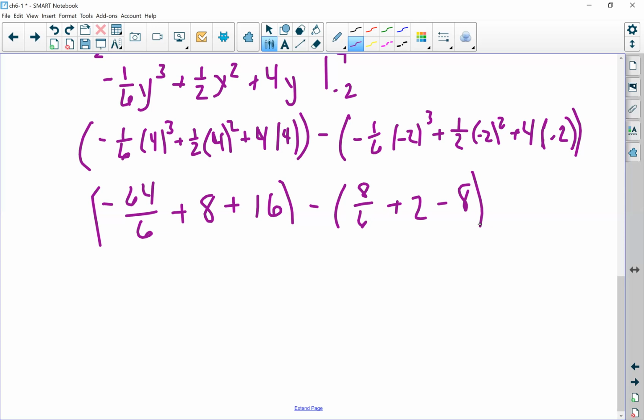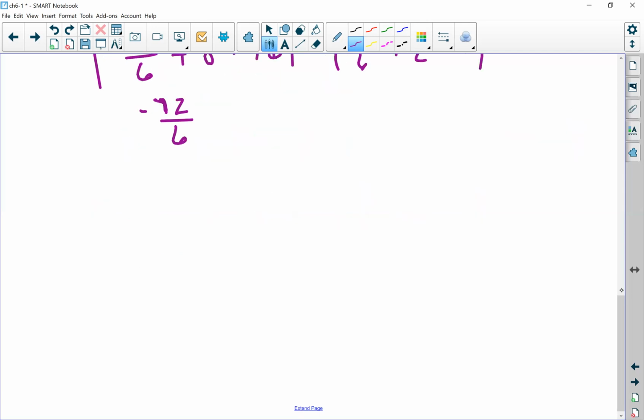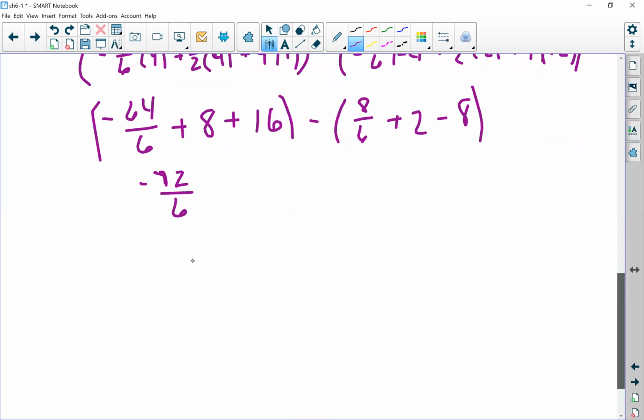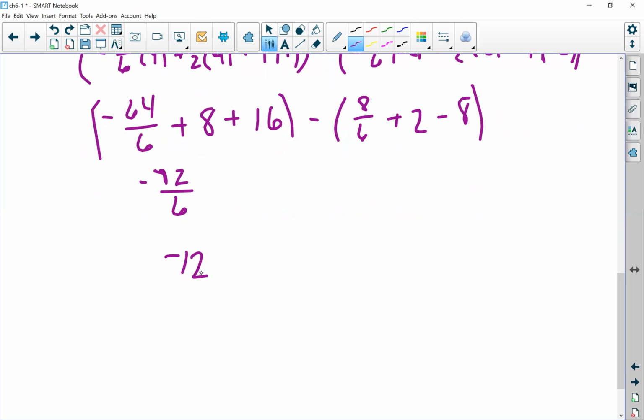So what happens, my negative 64 over 6 minus 8 over 6 gives me negative 72 over 6, which is kind of nice because that's negative 12. Here I'd have 24.